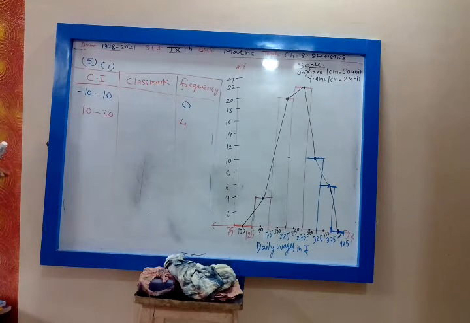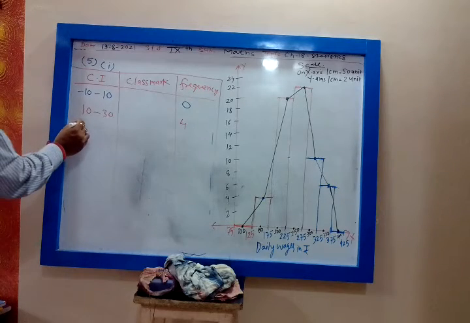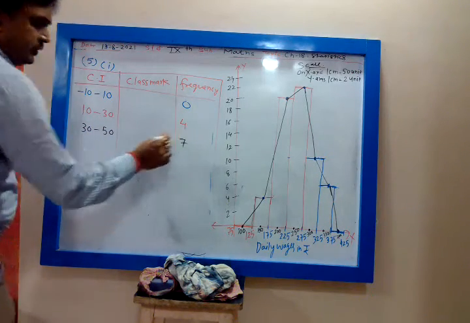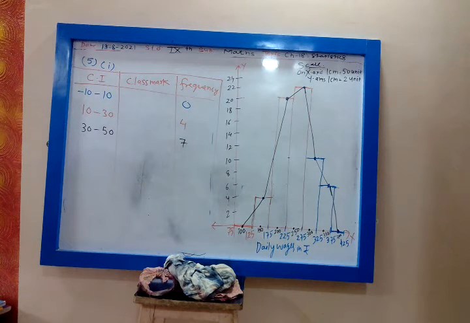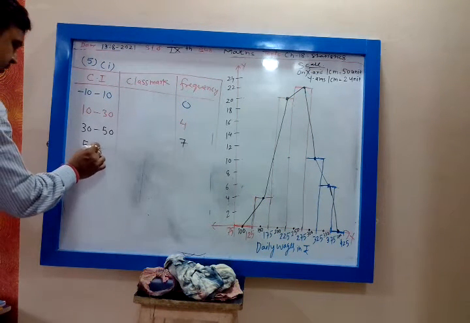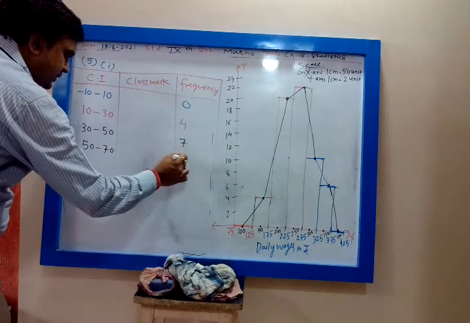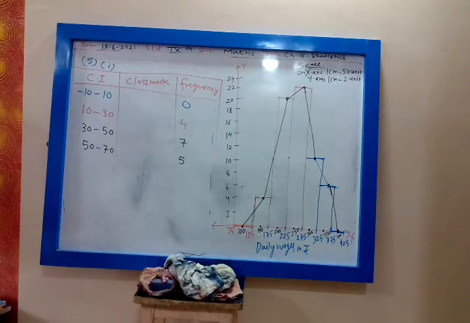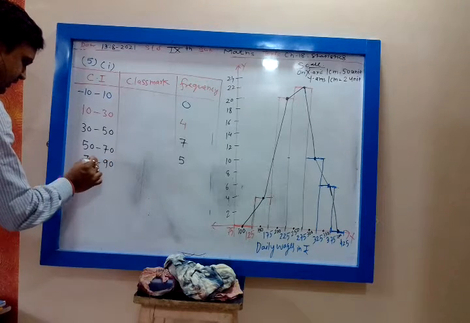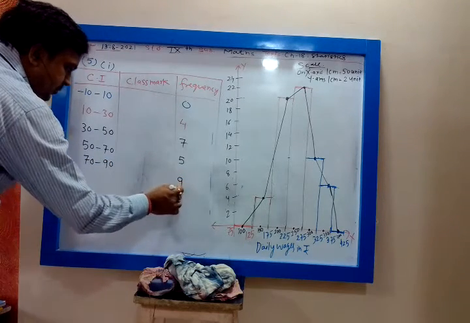Then 30 to 50, frequency is 7. 50 to 70, frequency is 5. Then 70 to 90, frequency is 9.